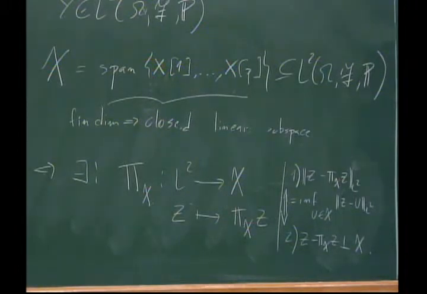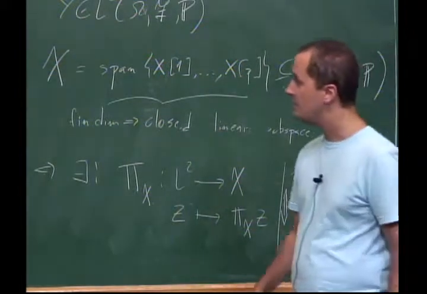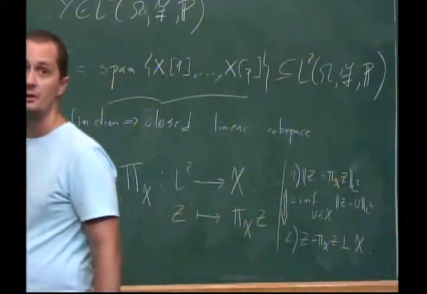Right, so this is sort of the Hilbert space way to prove that there is a minimal projection. I mean, there's something missing, right? I didn't say anything about the linear operator here.